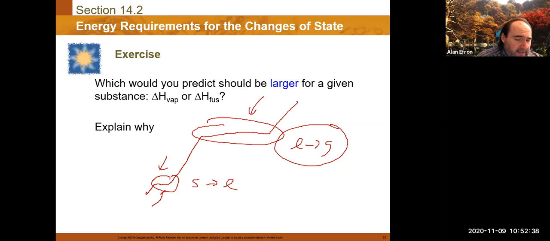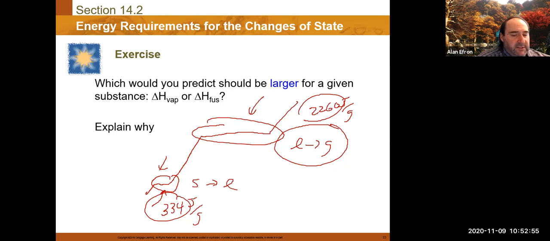And we see that with the numbers. If you remember, I did a little calculation just a second ago for water. This is something like 334 joules per gram. For water, this is something like 2260 joules per gram. So if you compare those two numbers, it's about 7 times the amount of energy required to do the transition from liquid to gas than from solid to liquid.